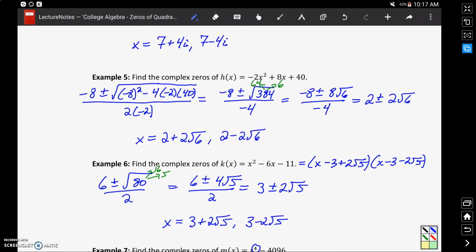We can represent the original expression that we had in example 5 now as x minus 2 plus 2 root 6 times the quantity x minus 2 minus 2 root 6.